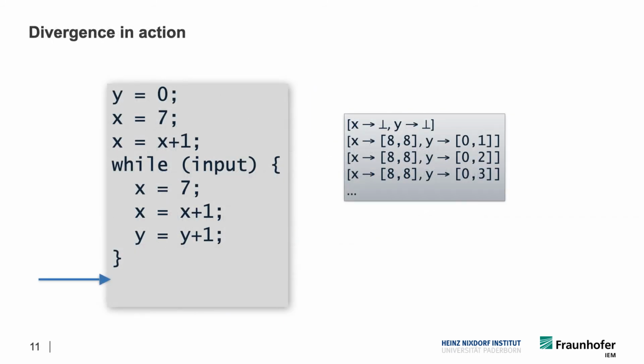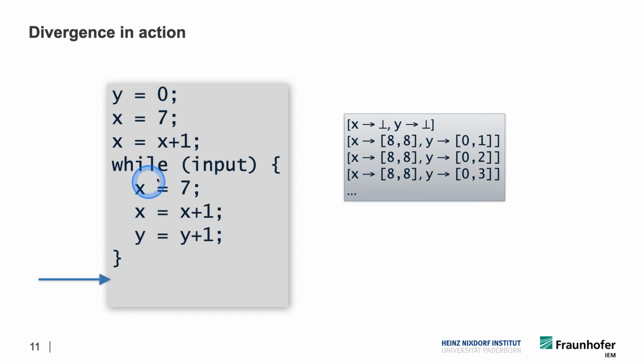Now let's look at a concrete program and what this might look like. So what kind of program is this? What is it doing? Obviously, it's a contrived program, but it's useful to look at for the purpose of this widening example here. So y initially has constant value 0, and then we are iterating through this loop an arbitrary number of times, actually, because we assume that input is really an input value that we don't know anything about.